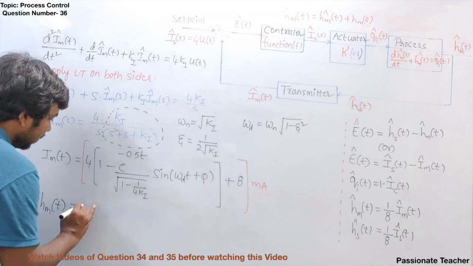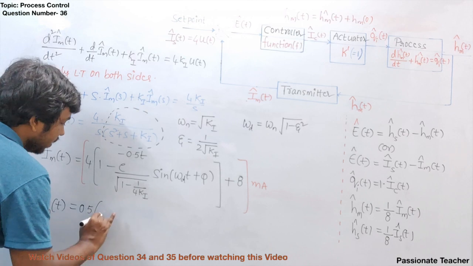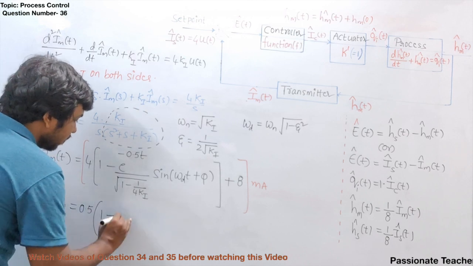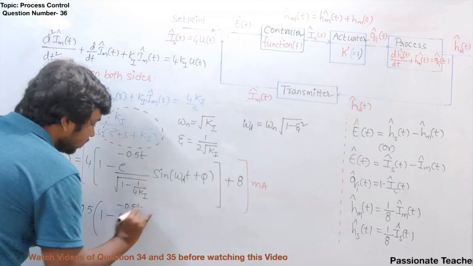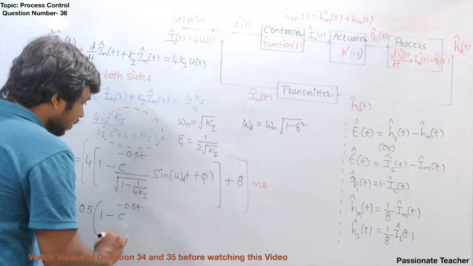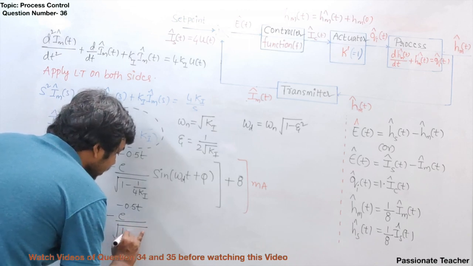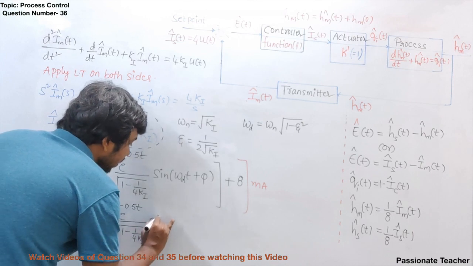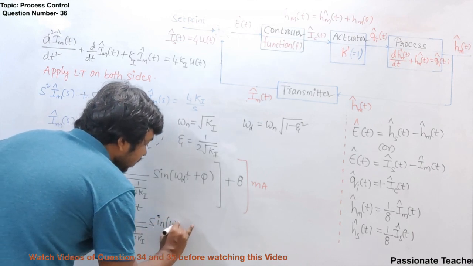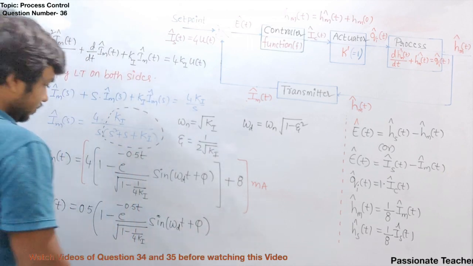So it is going to be equal to 0.5 whole into 1 minus e power minus 0.5 times t, divided by under root of 1 minus 1 by 4 times ki, into sine omega d t plus phi, right?